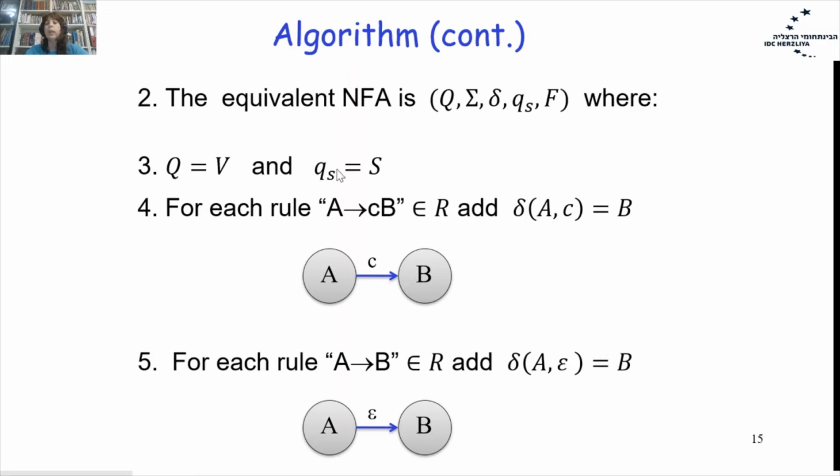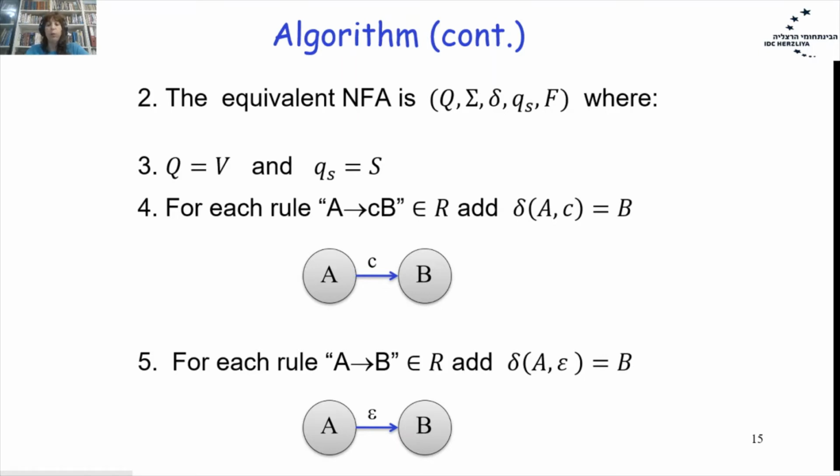The starting state will be the starting variable S. For each rule of the type A derives CB, we will draw a transition, an arrow, from A to B. We will add delta(A, C) equals B. For each rule A derives B, we will add an epsilon transition from A to B: delta(A, epsilon) equals B.